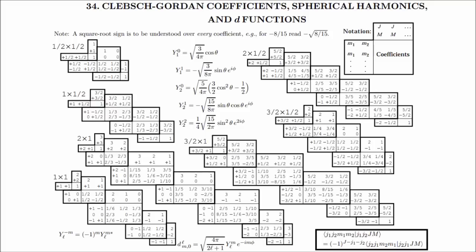The change of basis equations for doing this are given by sets of larger Clebsch-Gordan tables, which I've linked in the description. To use the tables, you start by identifying the 2 representations you're tensoring together. This tells you which table to use. In this example, we'll look at spin 1 tensored with spin 1.